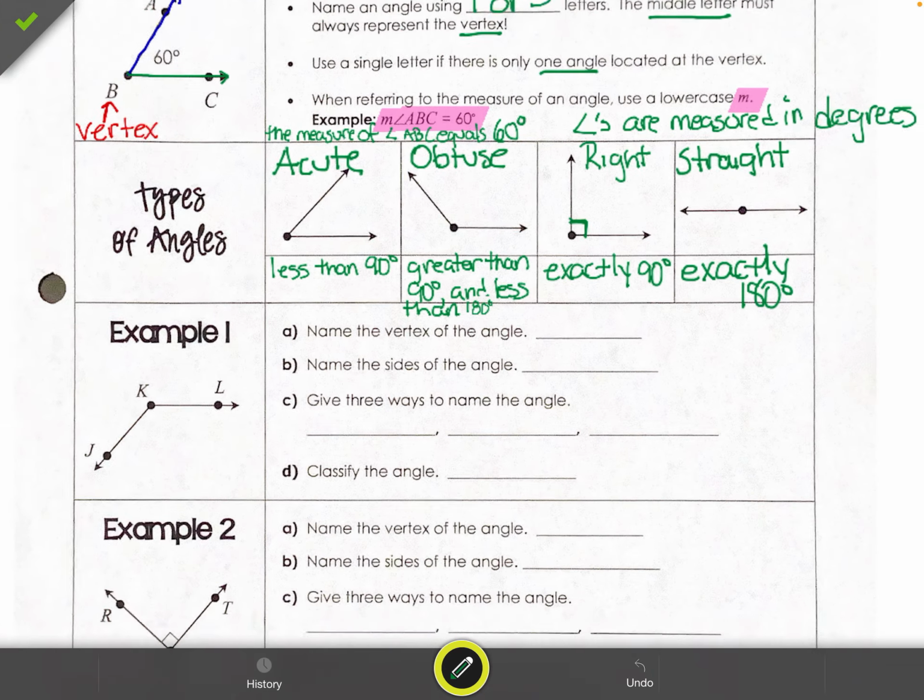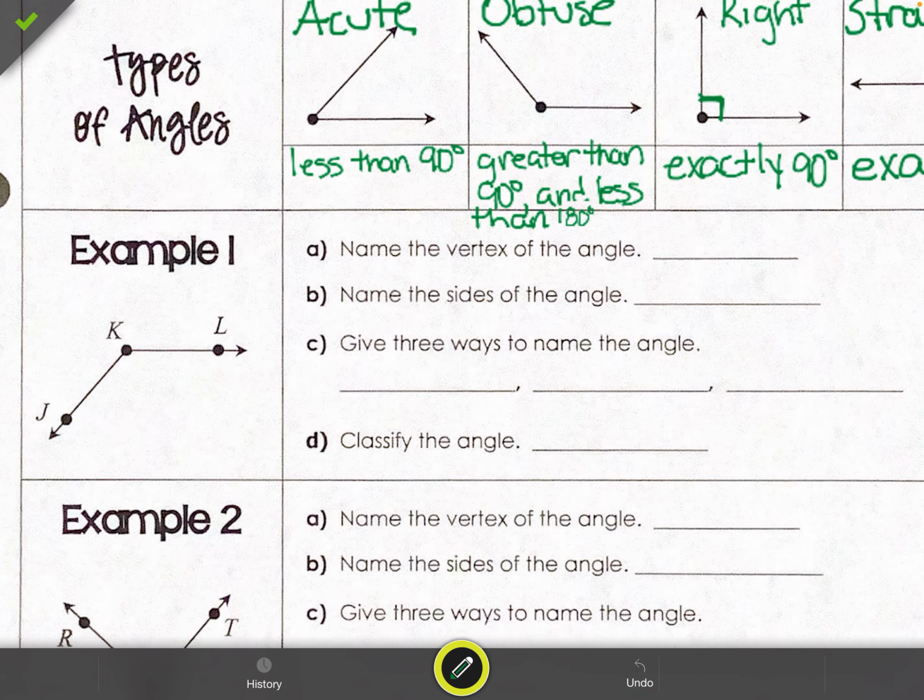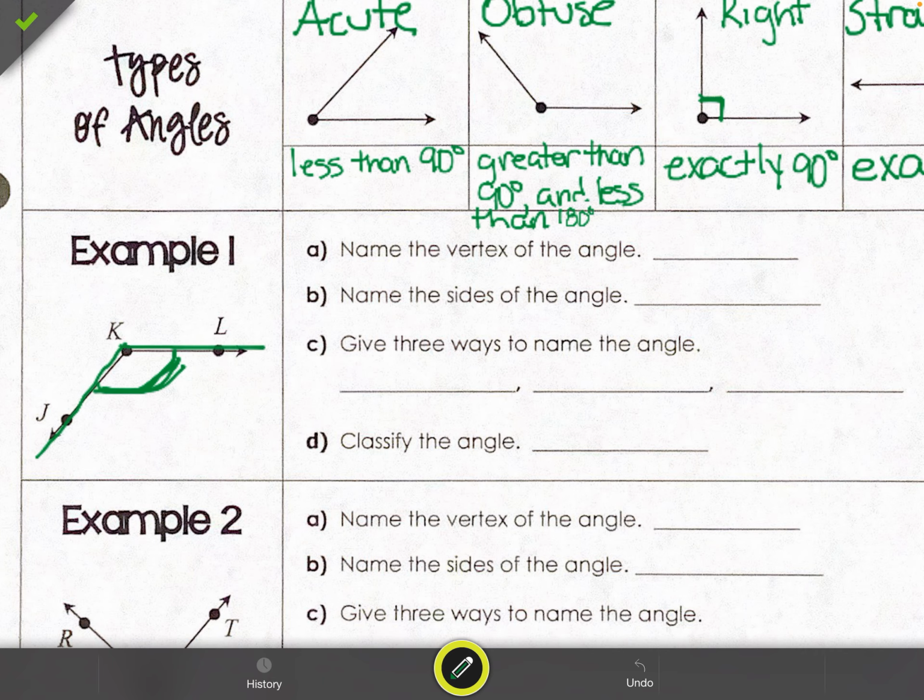So, let's look at example 1 and walk through the questions. Name the vertex. So remember, the vertex is the common endpoint of your two rays. So you come over here and you look. This is an angle. The angle part of it's right here. Sometimes people have a hard time finding that, so we always tell them to trace the angle with their pencil or their finger, and then whatever is inside is the actual angle measurement that you're looking for.